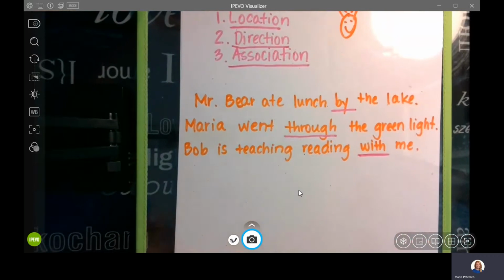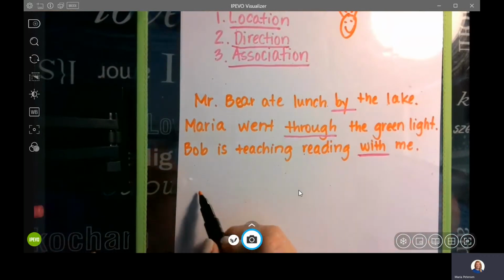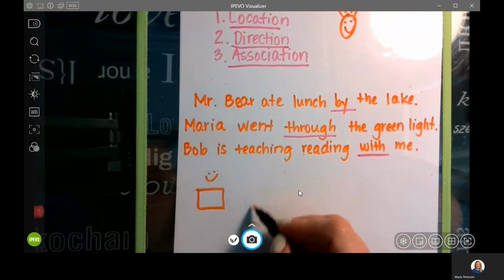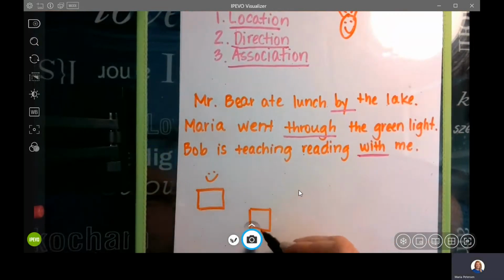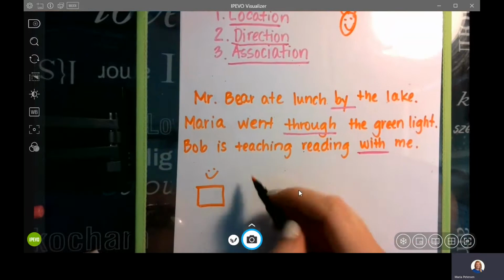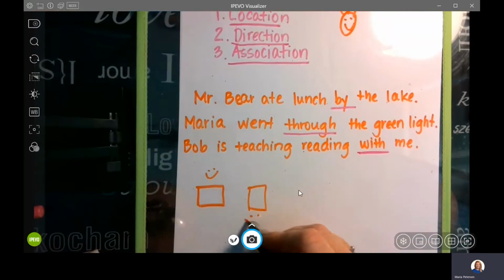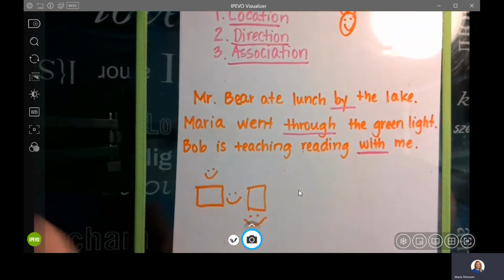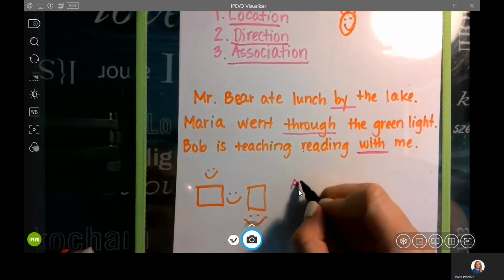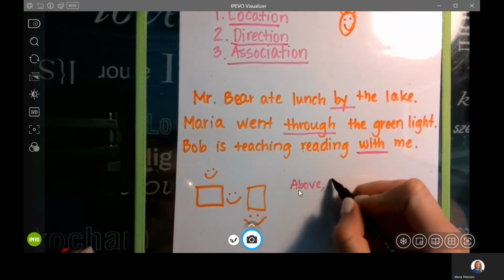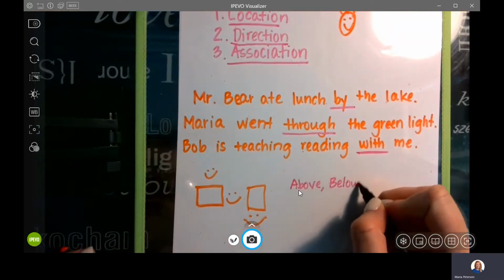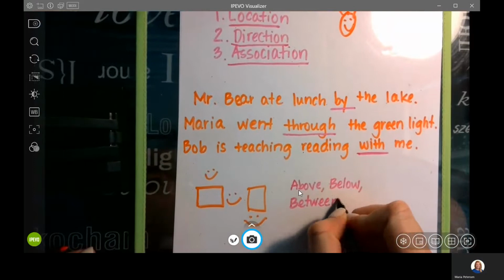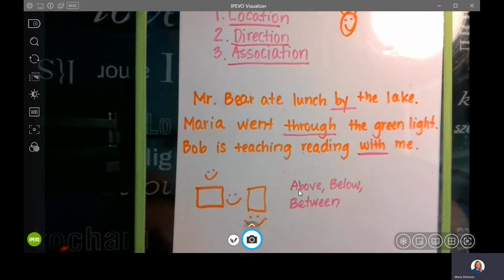And I know that there were lots of different things where you could do a box on top. You could have someone, let me move that up a little bit. You could have someone below a box, in between a box. All of those, above, below, between, those are all prepositions.